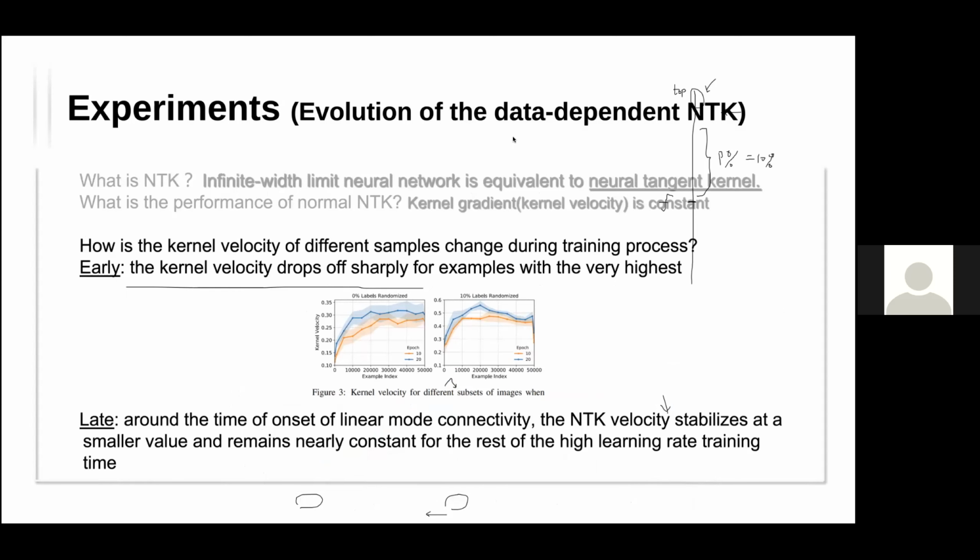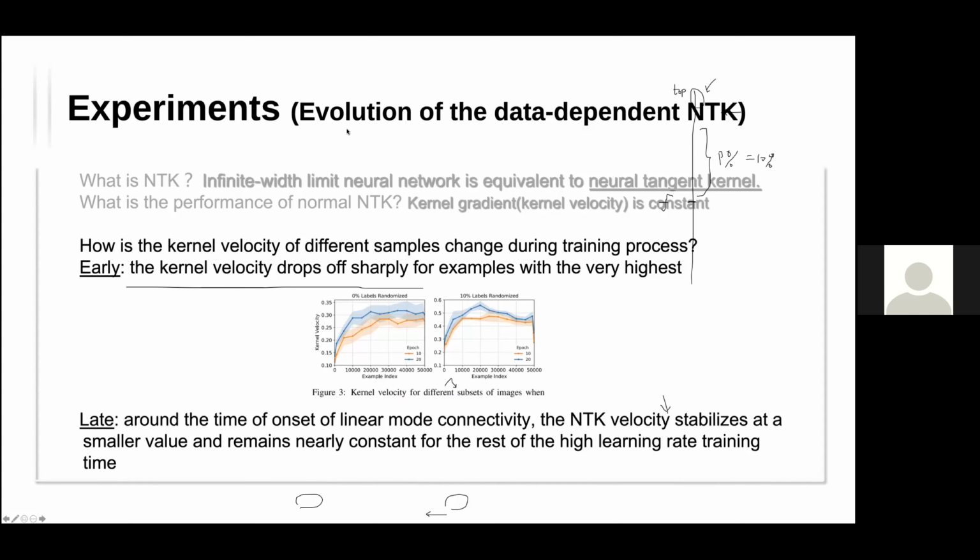The next experiment is to compare their method with the evolution of data-dependent NTK, the neural tangent kernel. So first, what is NTK? It means the infinite width limit neural network is equivalent to a kernel called the neural tangent kernel.